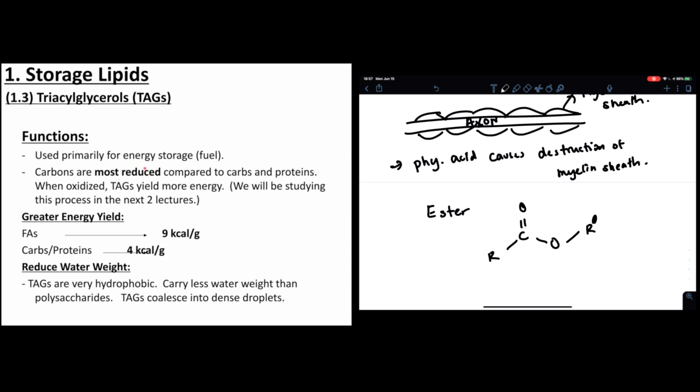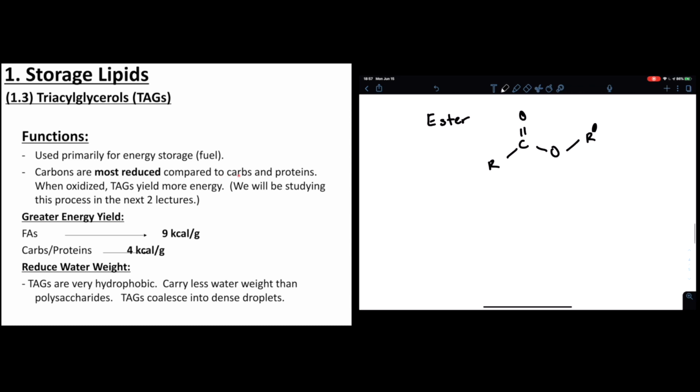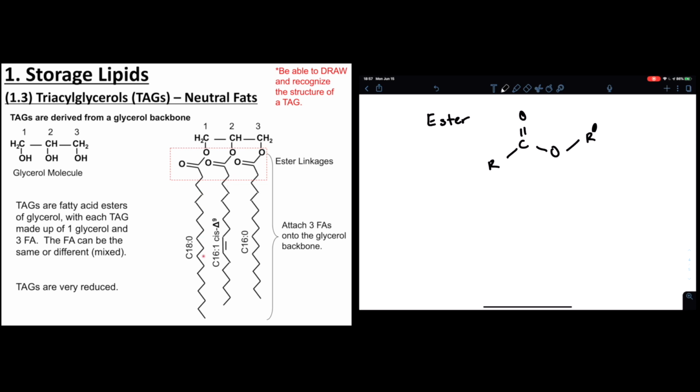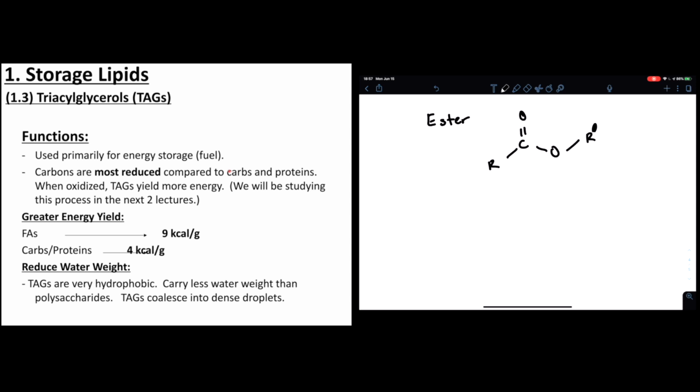And again, the carbons are really reduced, meaning that we're going to take a lot of electrons out of them. And they're more reduced compared to carbohydrates and proteins too, okay? So when something is reduced, it means it's rich with electrons and typically doesn't have a lot of bonds to oxygen, right? So when we look at TAG, you have tons of carbons bonded together, but not that many oxygens. Whereas you compare that to something like glucose.